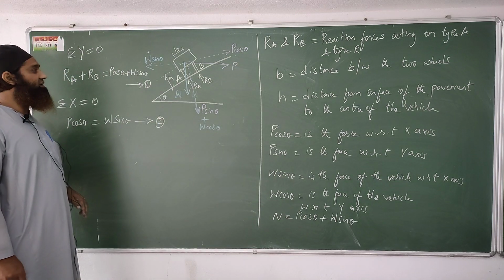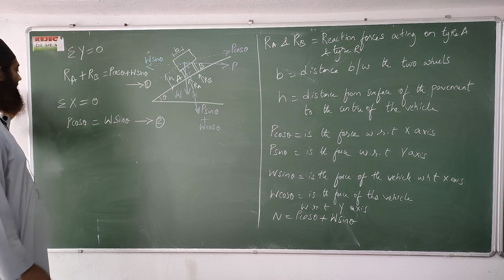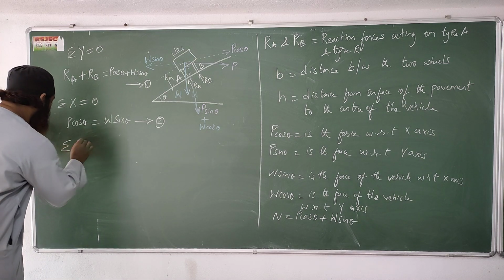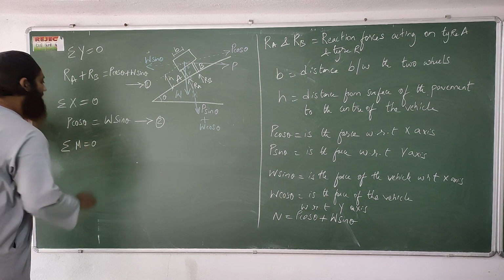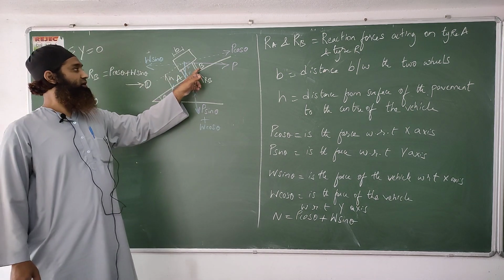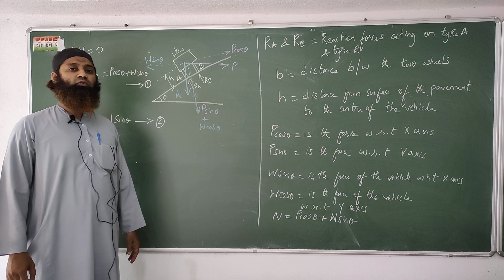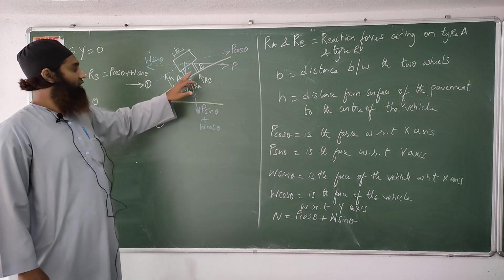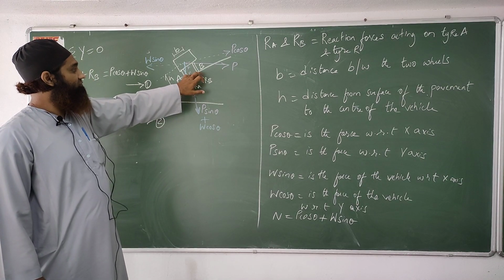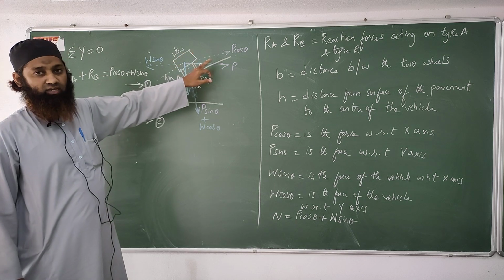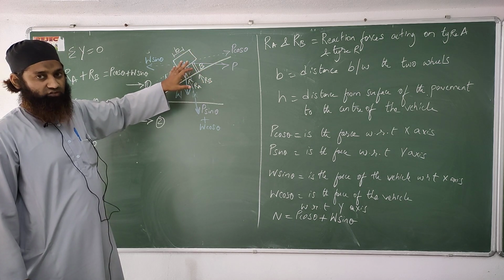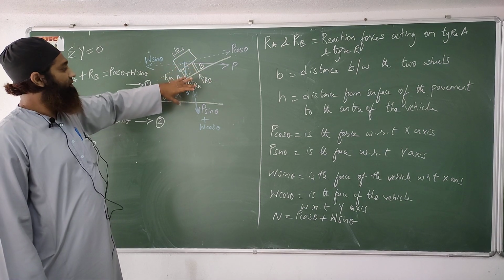Let us see the third equilibrium equation, that is sigma m is equal to 0. We'll be taking moment about tire B. What is moment? Moment is force into the perpendicular distance. So about tire B, we'll see what the different forces are. First, you have to recognize what forces are coming here. Then we'll see the perpendicular distance.